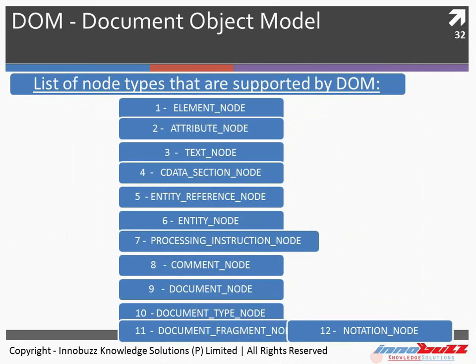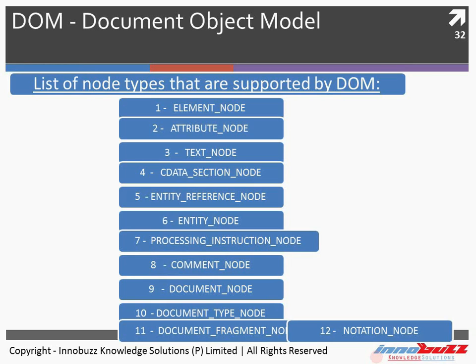If it is an element node, the value of node type is 1. If it is an attribute node, it will be node type 2. If it is a text node, it will be 3. If it is a character data section node, it will be 4. For entity reference node, it will be 5, and entity node, 6.